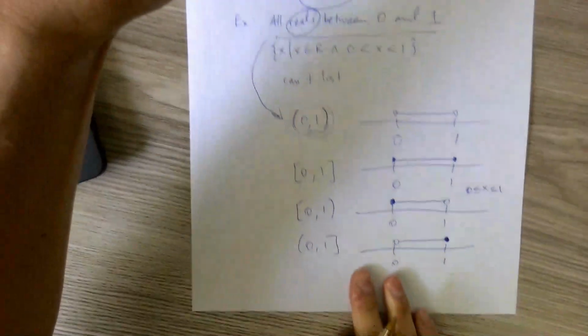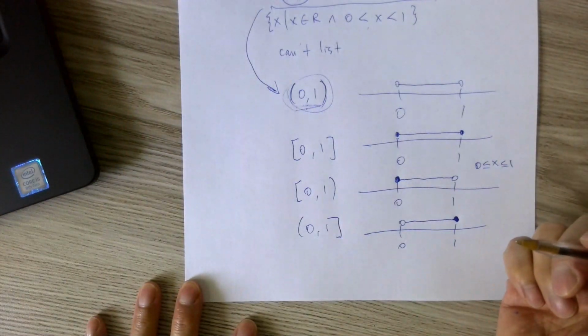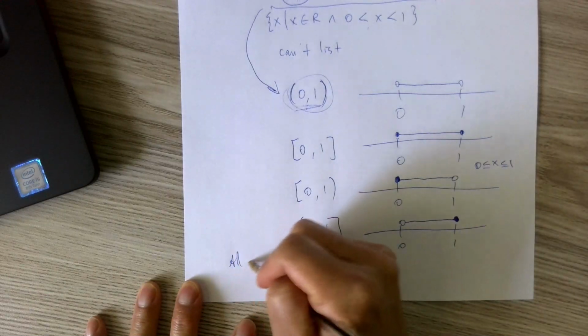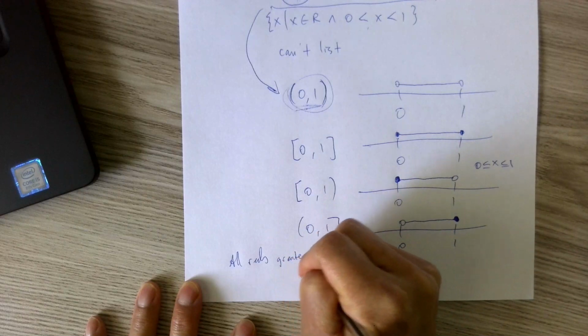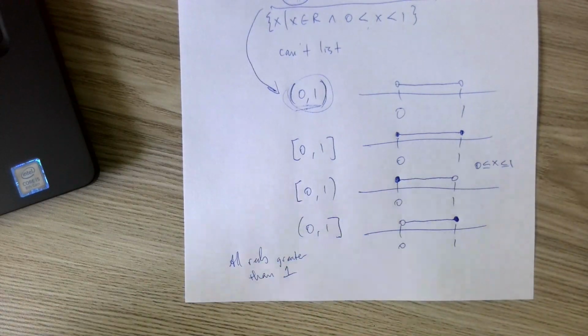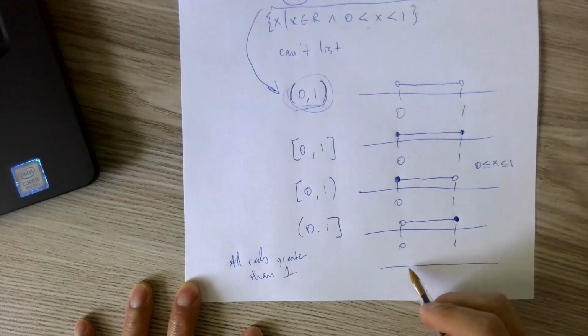Okay? Now the last example I want to show is what if you want to say all reals greater than 1. And that's it. Just all reals greater than 1. Okay, let's go to the graph first. Here's 0. Here's 1.